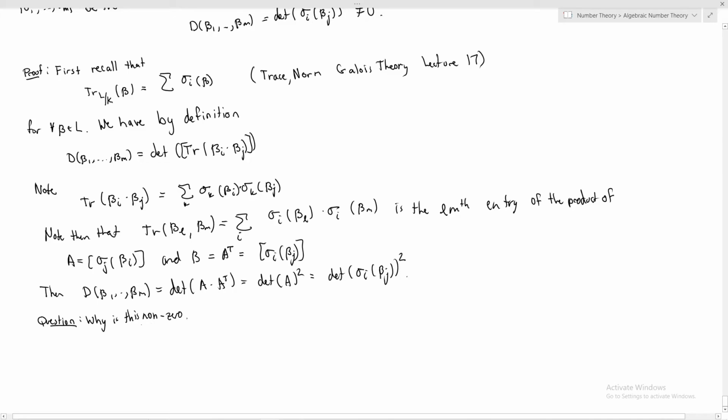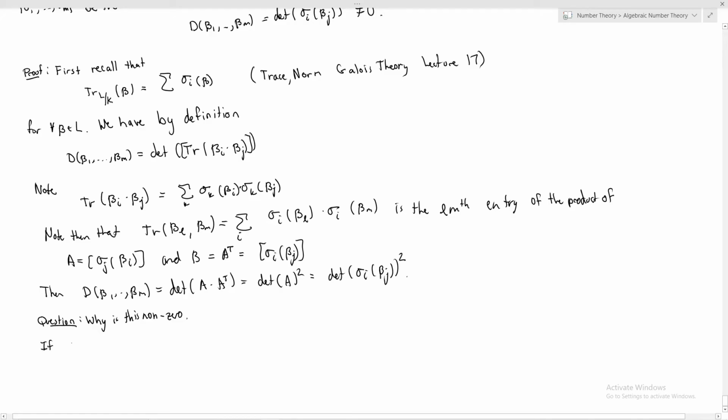Okay, the last condition. So the question is, why is this non-zero? The short answer is basically, I want to say, Dirichlet's theorem on linear independence of characters.